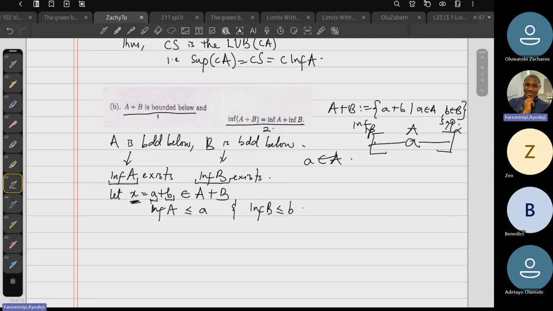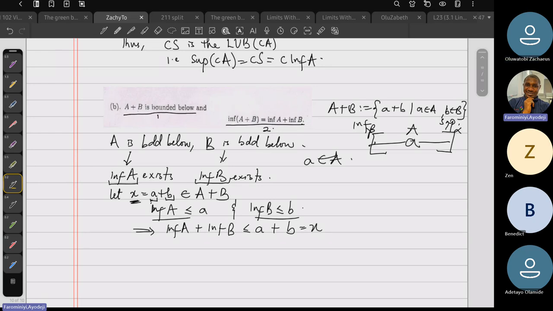From the properties of real numbers, if we have these two things, I can add them together. So this implies that the infimum of A plus the infimum of B is less than or equal to A plus B. This is just a property of real numbers. And A plus B is what?